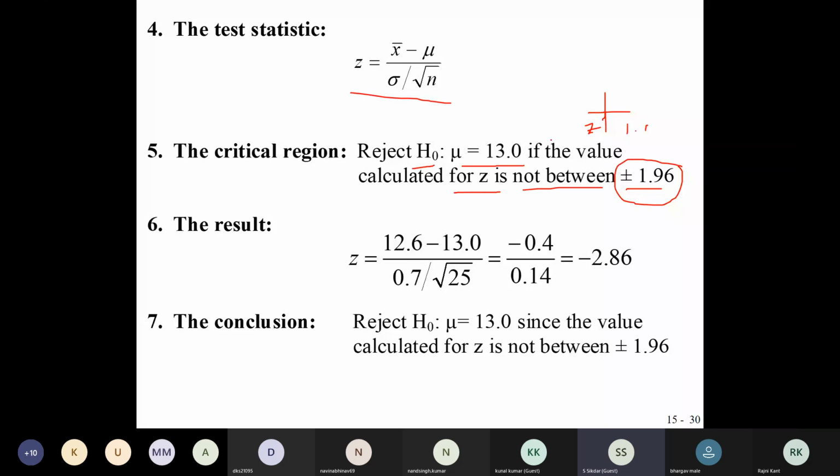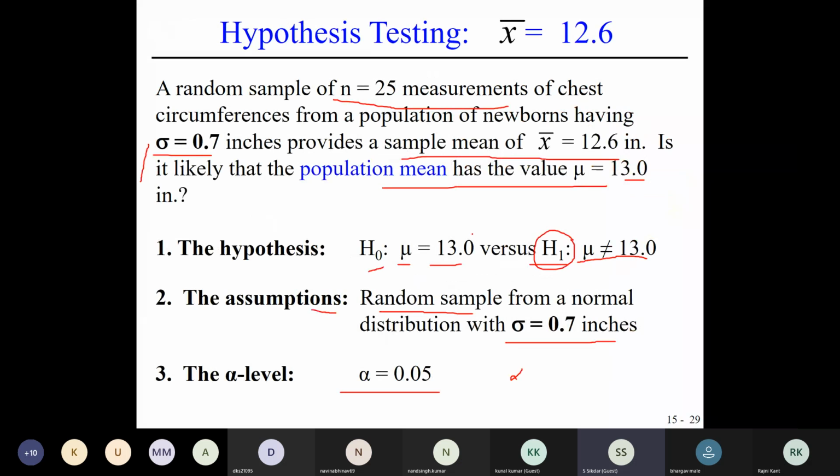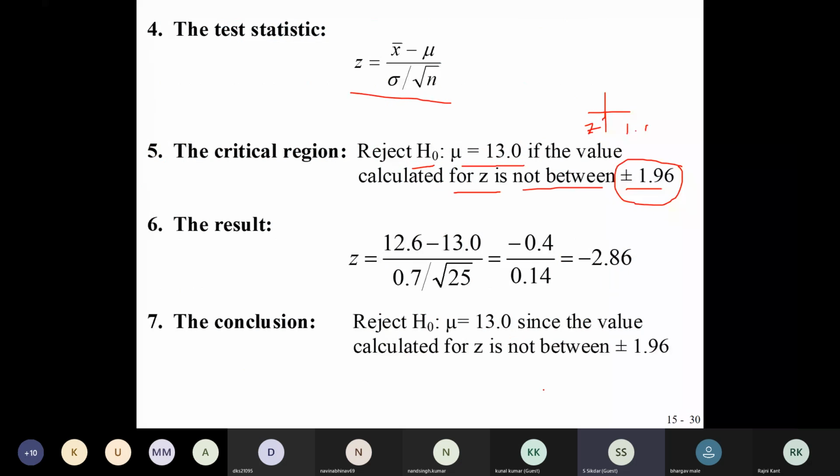So if you can recall that 95% corresponds to this one, that's why I wanted to see it. Once you say this probability is 0.05, that means only 95% is left. So this Z value is not in between. In the examples, similar things are given.